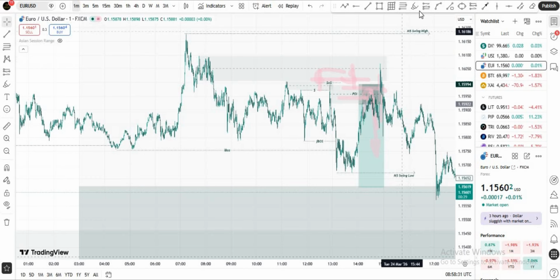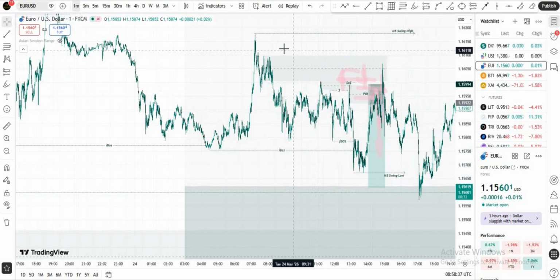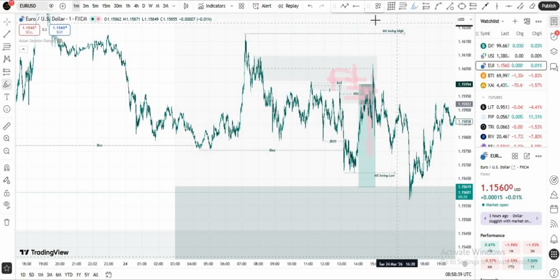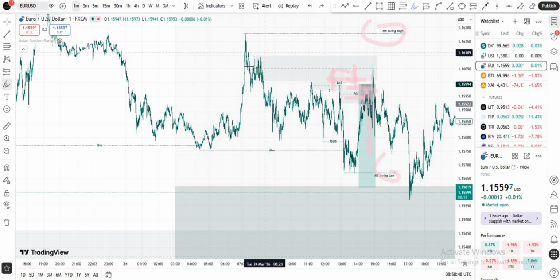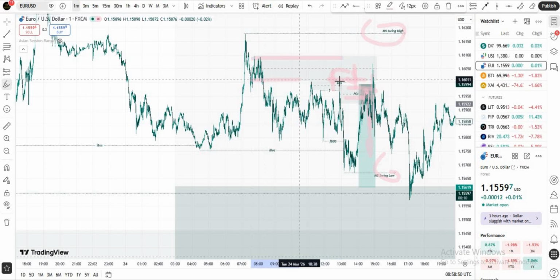And why? Because if I were to clearly mark out a good zone, this is like the entire internal range. We have the swing high here, the 5 minute swing high, and we have the low. This is like the extreme supply zone, and everything around this side is just the mid supply zone.